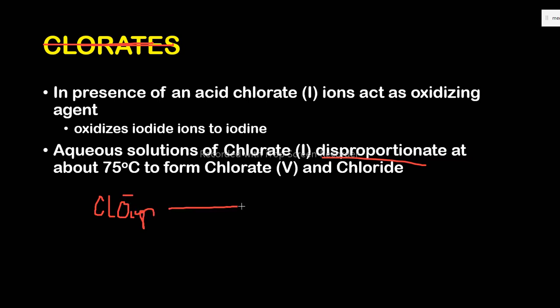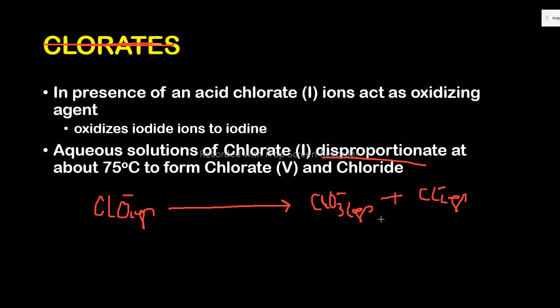So in aqueous solution, it will undergo self-oxidation where it will form a chlorate. Okay? This is ClO3 minus aqueous, and then the chloride ions. So this is what we call a disproportionation reaction.